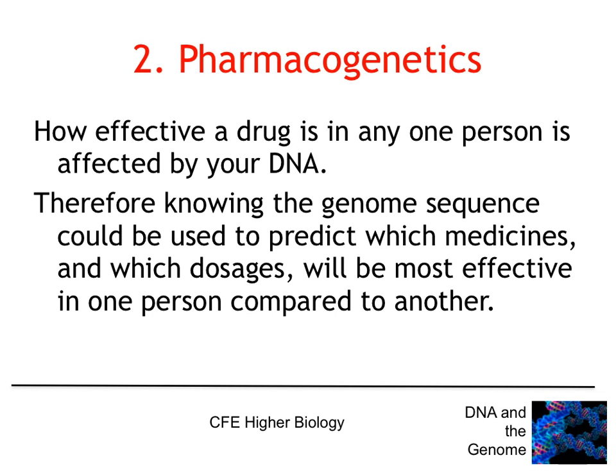Another thing looking to the future is pharmacogenetics, where you're looking at how effective one drug is on one person and how that is affected by their DNA. So if you know somebody's genome sequence, then you could predict what medicines to use and which doses, which drugs would be more effective in one person compared to another.